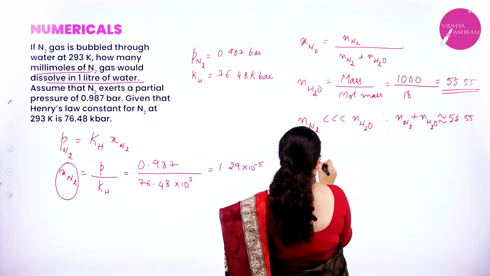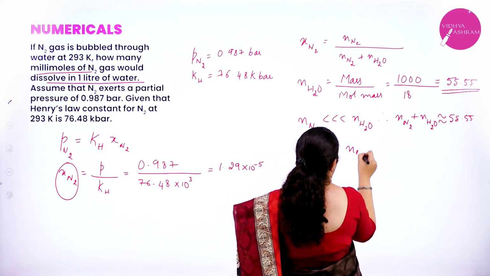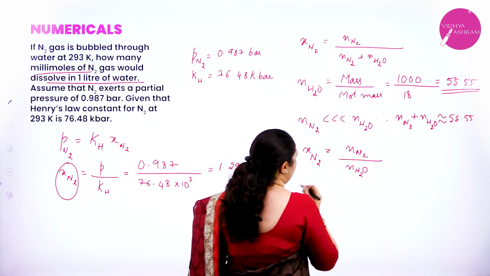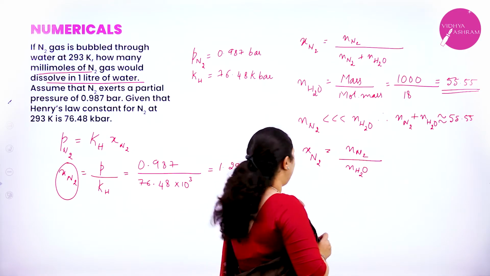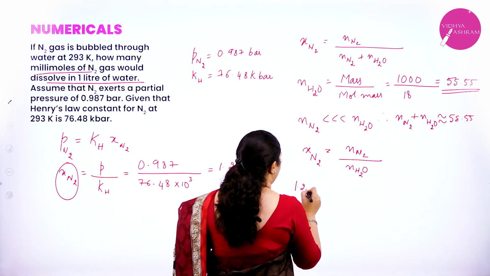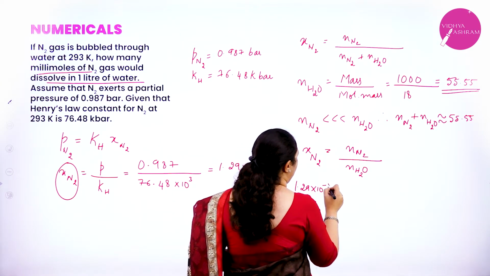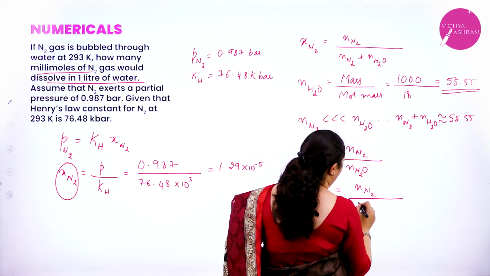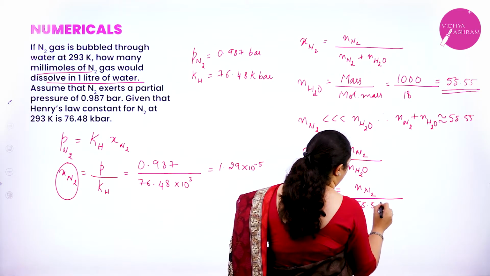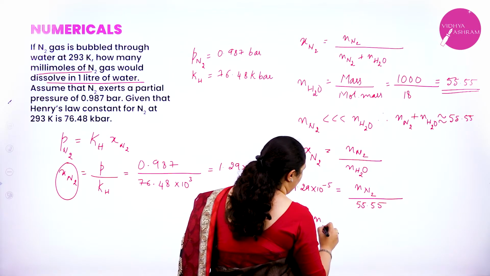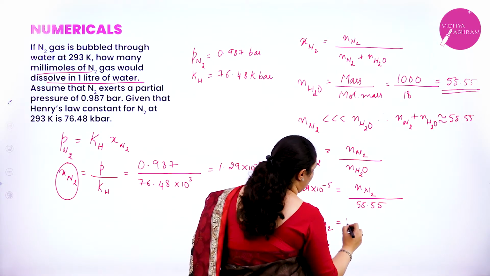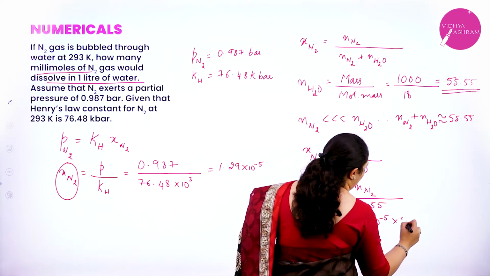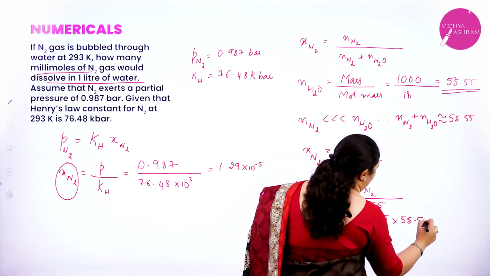So, the mole fraction of nitrogen is N2 by NH2O, which is 1.29 into 10 to the power minus 5, equal to the number of moles of nitrogen you are supposed to find out, divided by 55.55. So the number of moles of nitrogen is equal to 1.29 into 10 to the power minus 5 into 55.55.